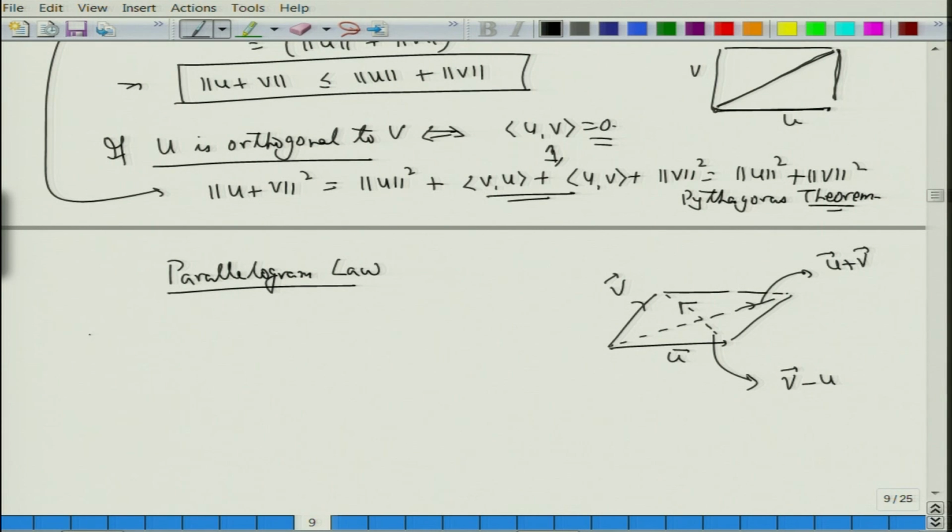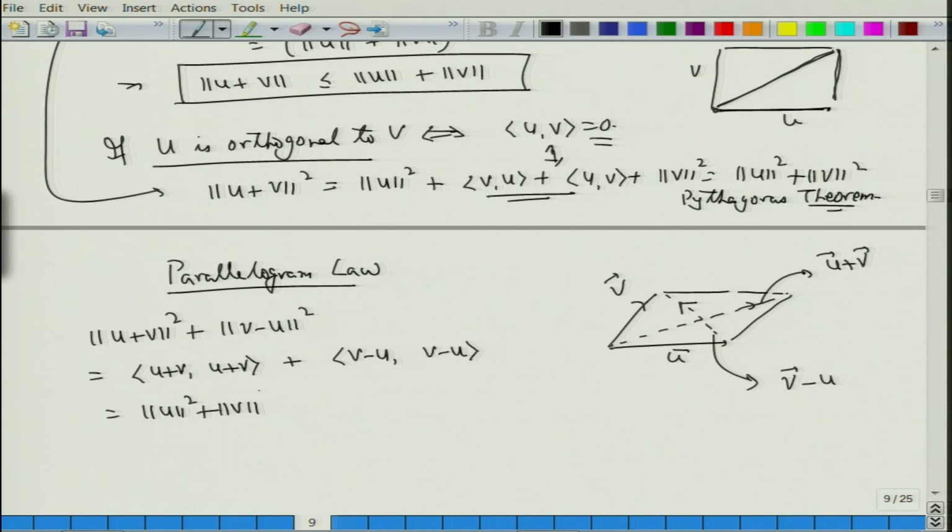So I want to compute the norm of u plus v whole squared plus the norm of v minus u whole squared. Fine. So this by definition is equal to, I have already computed it for you, ⟨u+v,u+v⟩ plus ⟨v−u,v−u⟩. So this gives me u squared plus v squared plus ⟨u,v⟩ plus ⟨v,u⟩. What about this one?